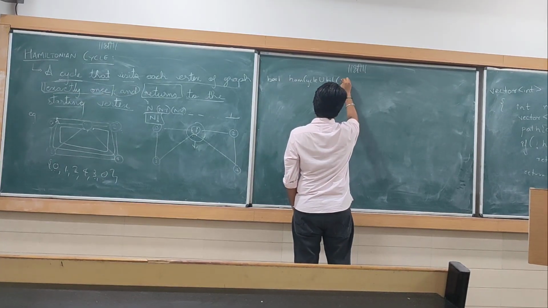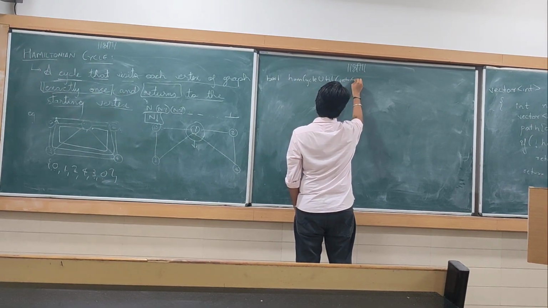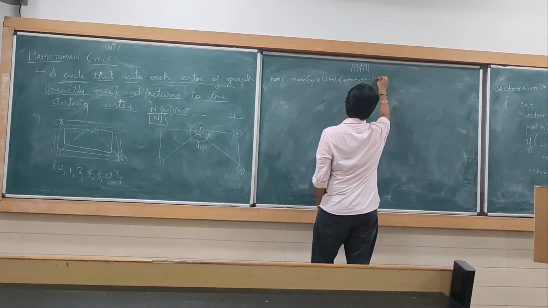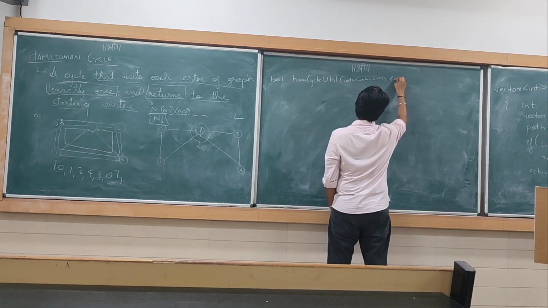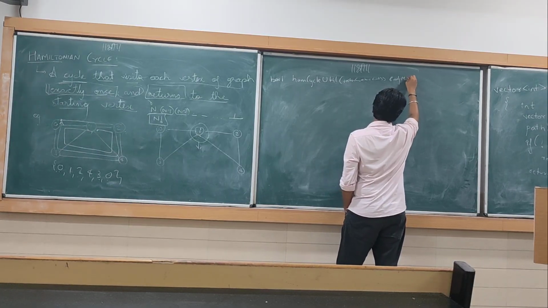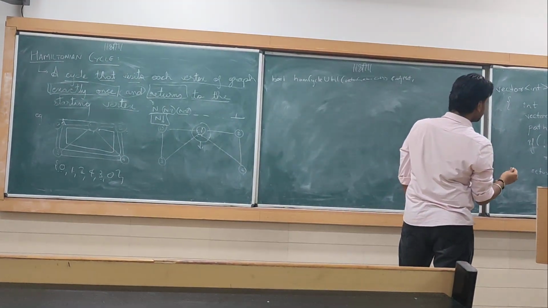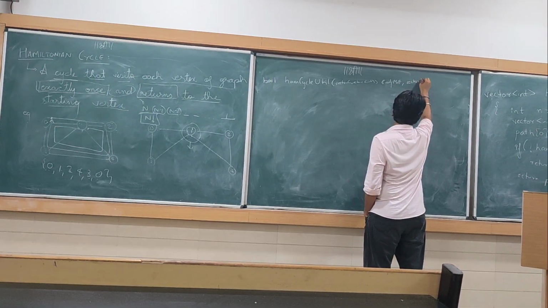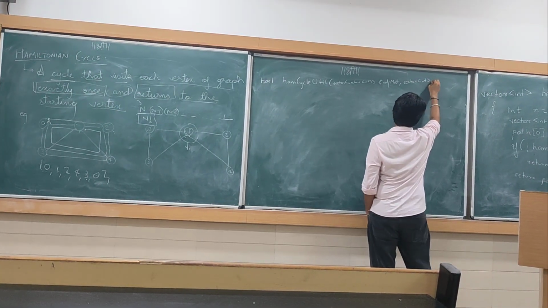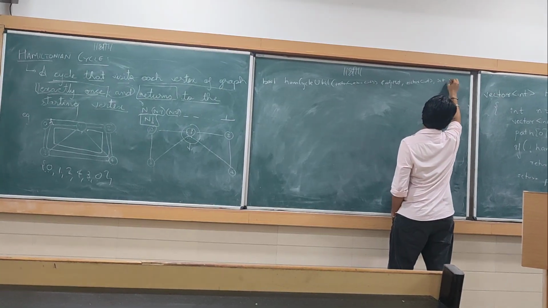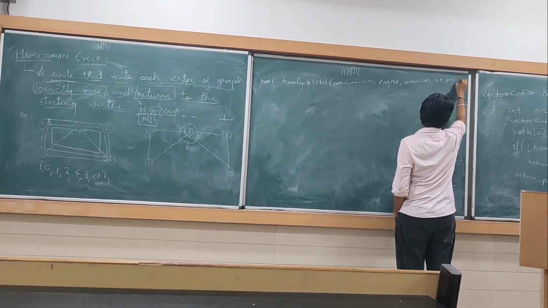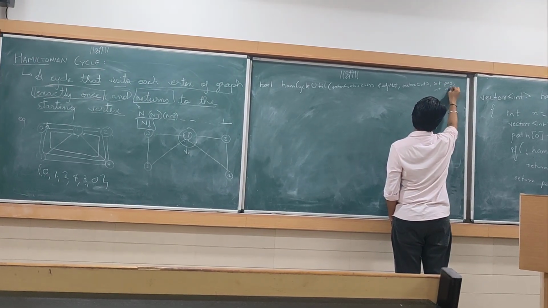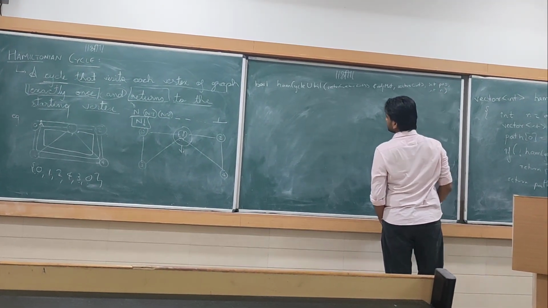Adjacency matrix, so it's a vector of vector. Adjacency matrix, second one is path, it's a vector int. Then you have an integer called position, right? And then let's say you have int n, right?